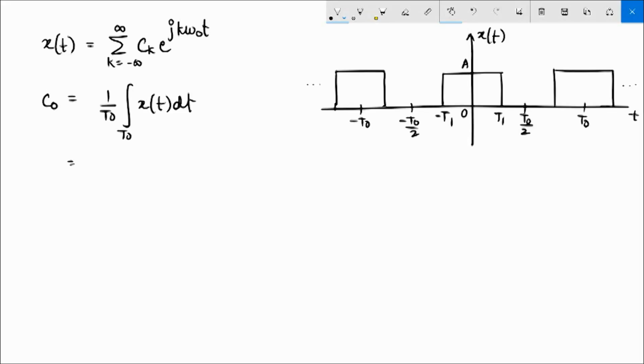would be 1 upon t0. Now, since this is a symmetric wave, a convenient interval to consider over one period can be minus t0 by 2 to plus t0 by 2.